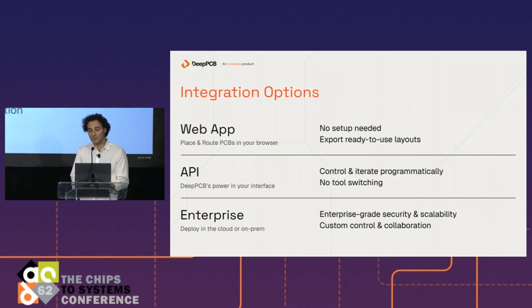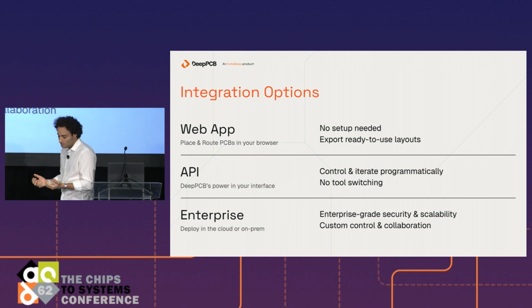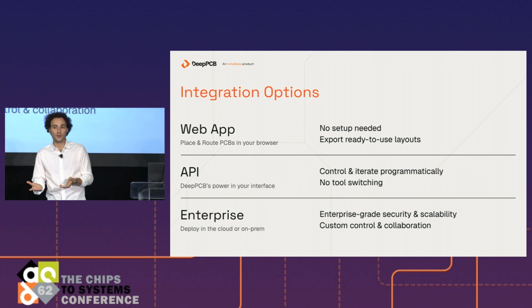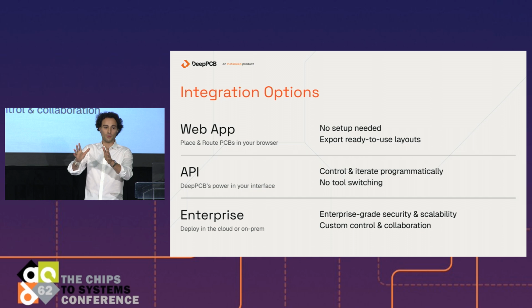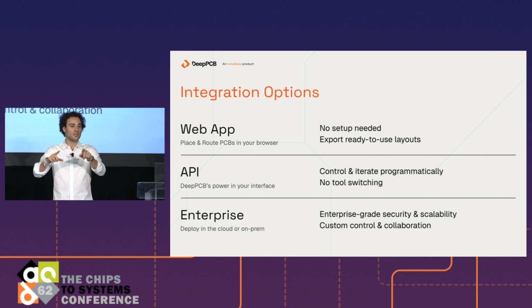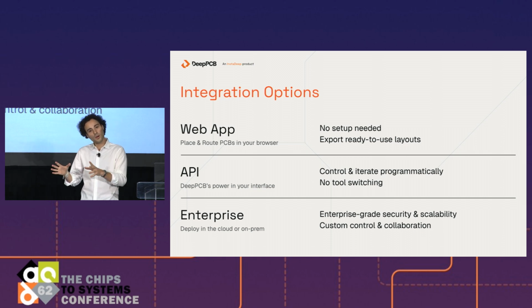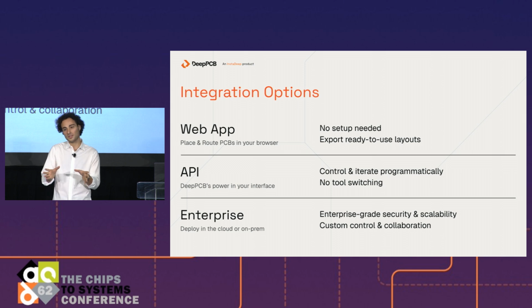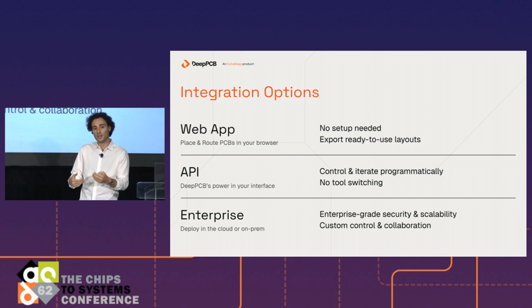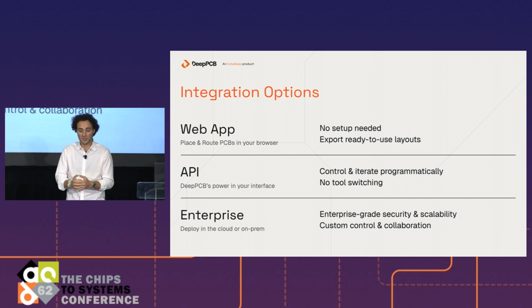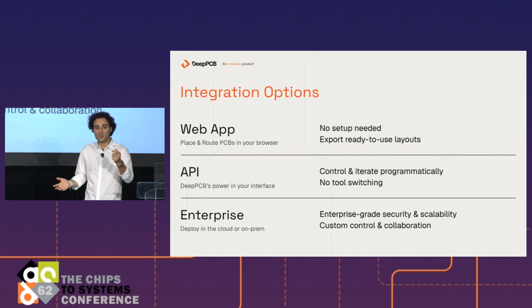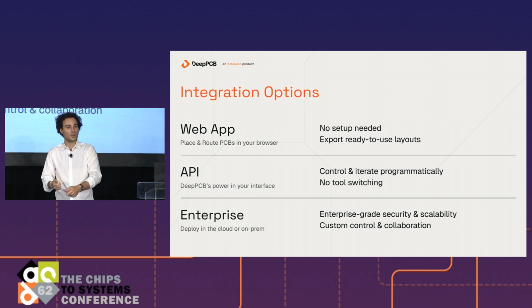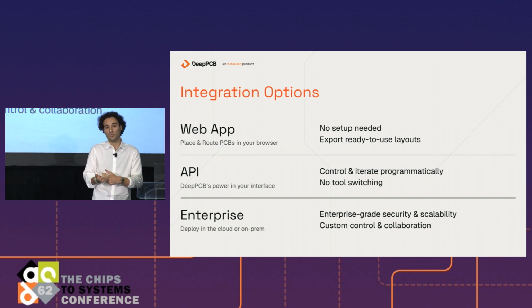If you're trying to use DPCB now, you mainly have two options. Either you go to a website, use the web app, and click on place and route and see what's happening. Or if you're more tech savvy and you want to stay inside your tool, you can use our API. It's very simple. You have an API key that you get from DPCB. You can have the scripts, you can have the swaggers pretty much easily.